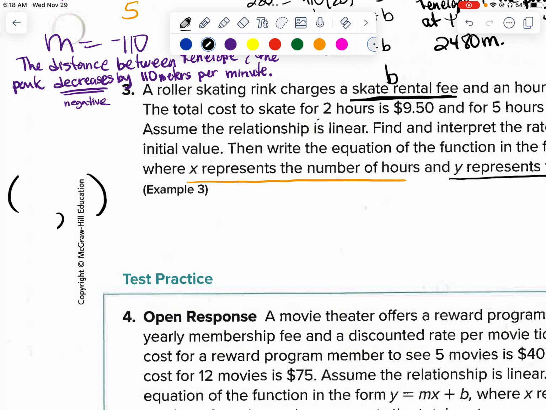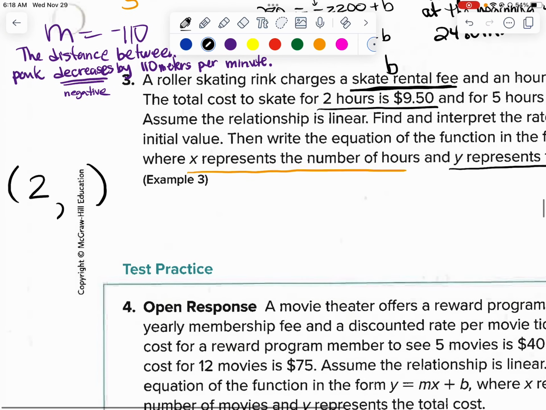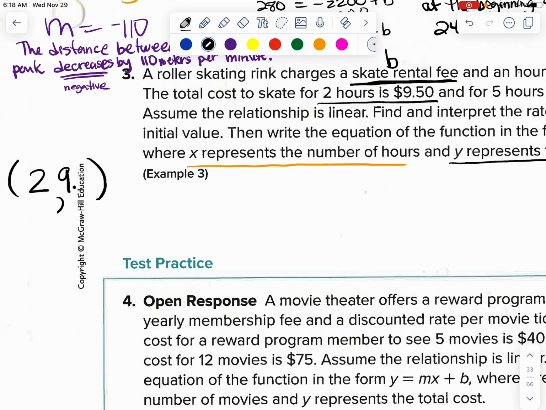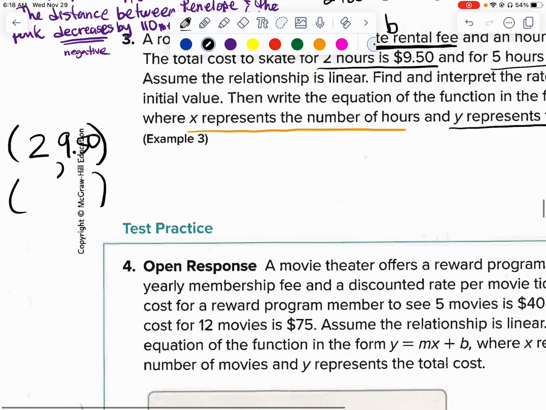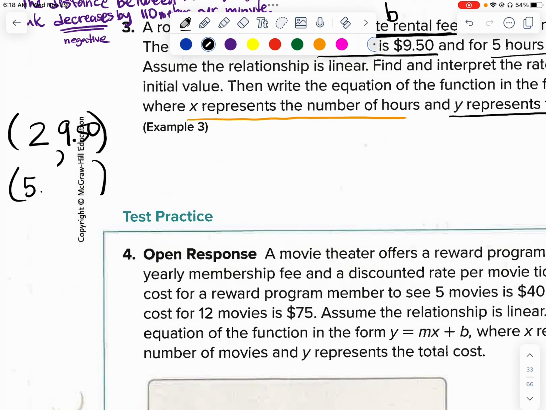So if I look right here, remember hours is my x value, so that's 2. And we said cost, so $9.50. And then my second point. If I look at my second point, it's right here. Hours is our x value, so that's 5.